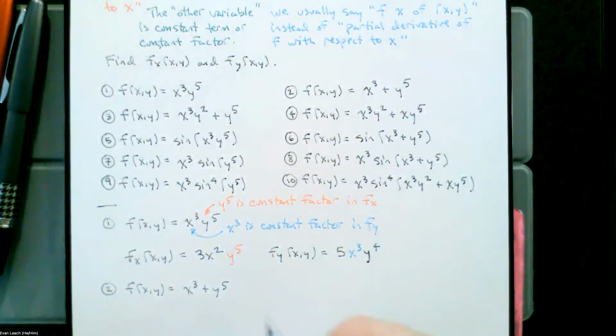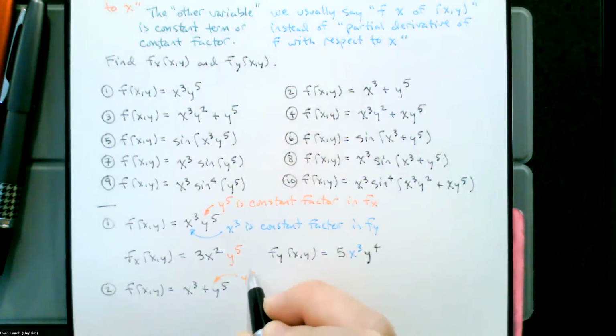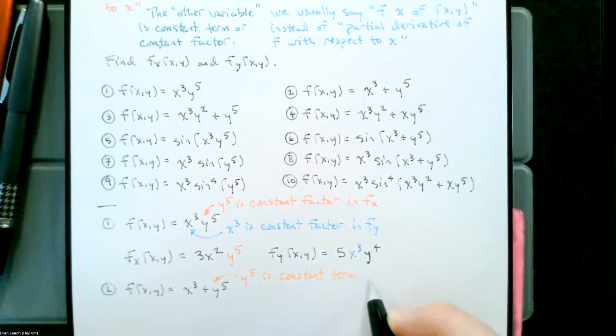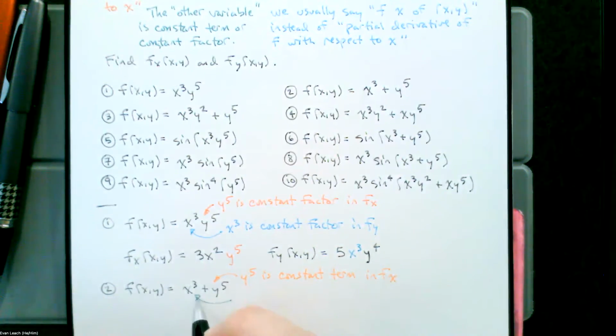So y to the fifth is a constant term in fx. And similarly, x to the third is a constant term in fy.